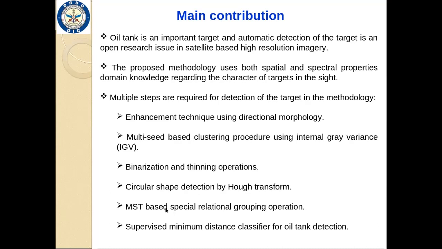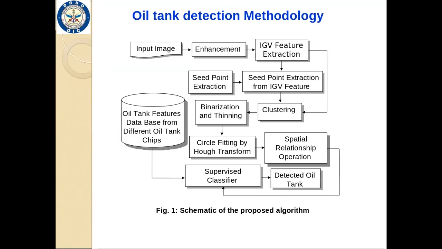So that's where we use the MST-based clustering technique to form a group. Then a supervised minimum distance classifier is used for oil tank detection, for classification purposes. This is the whole flowchart and architecture of the algorithm: the input image, then enhancement, whatever I have already discussed.